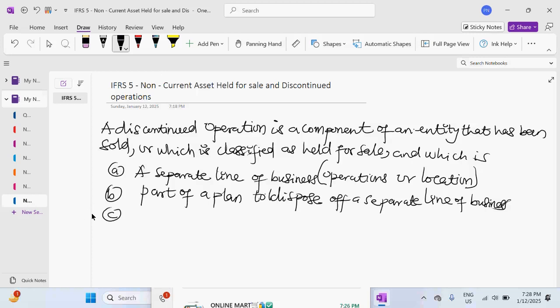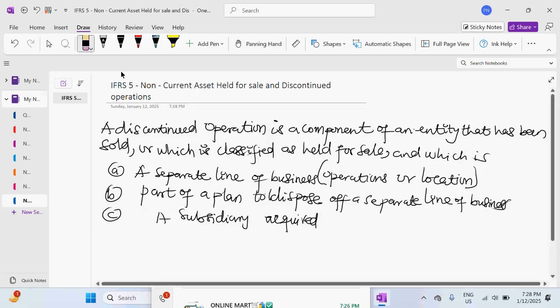Or we can also see it where a subsidiary acquired a portion solely for the purpose of resale.